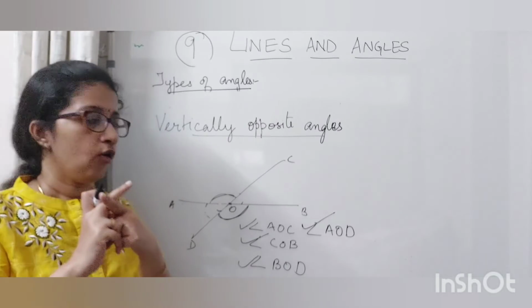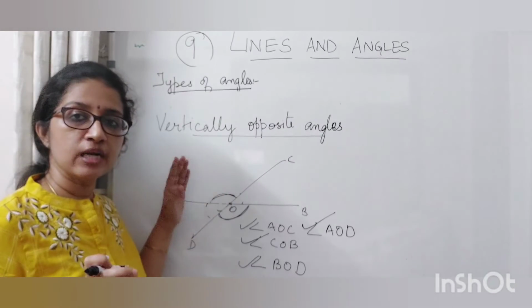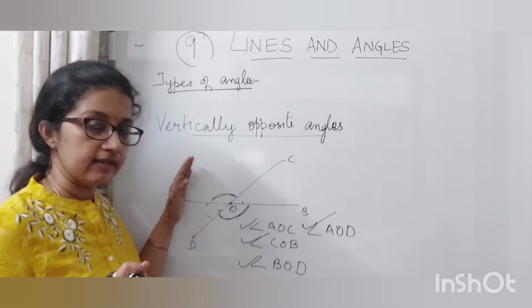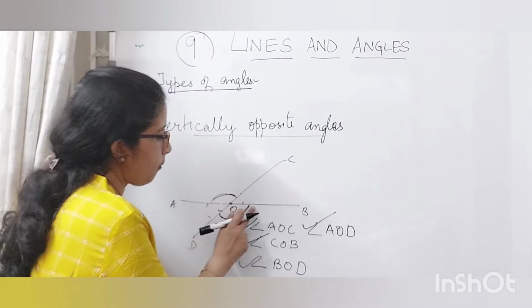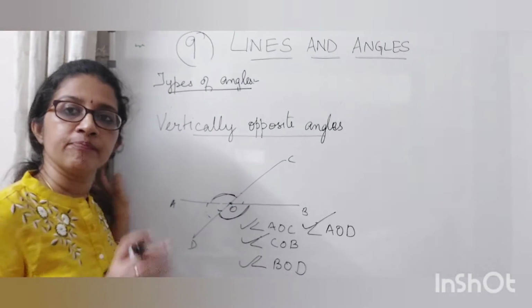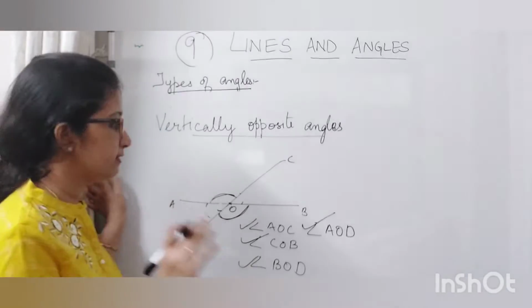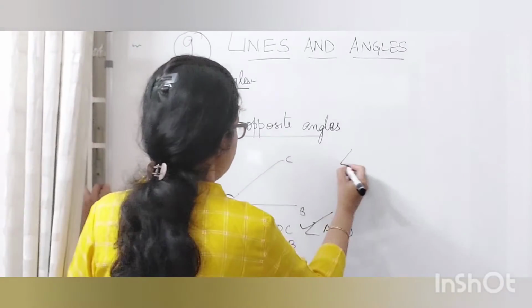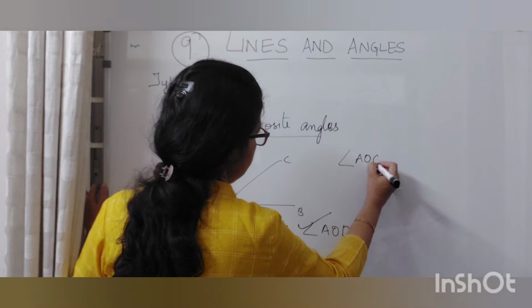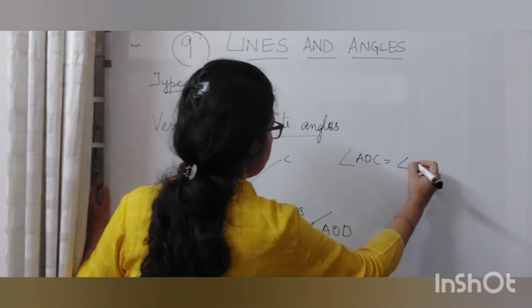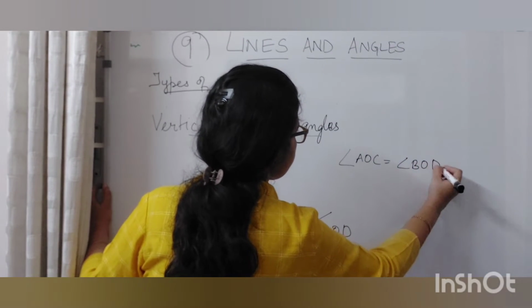Clear with this? Now there is a special property here. That is, the pair of vertically opposite angles will be equal. That is, angle AOC is equivalent to angle BOD.